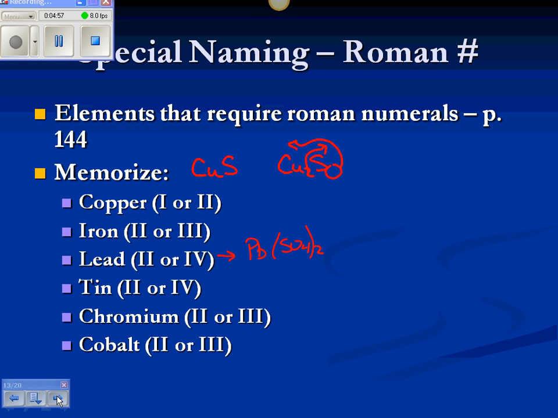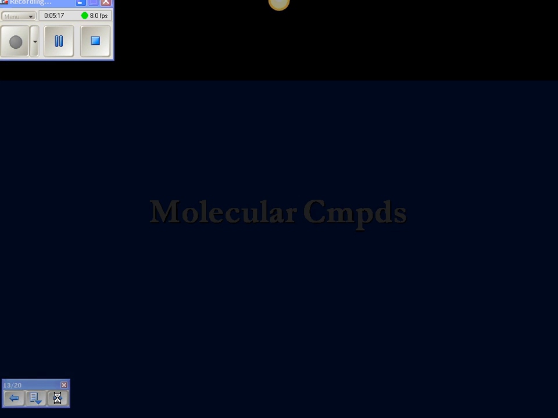But what we have to remember is sulfate always has a -2 charge. I don't see that 2 there because it must have been factored out. If there was a 2 there from sulfur or sulfate, this must have been a 4. So be careful, PbSO4 was lead 4 sulfate, not lead 2.